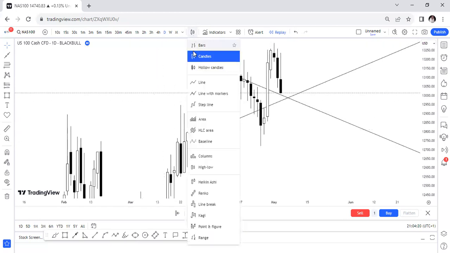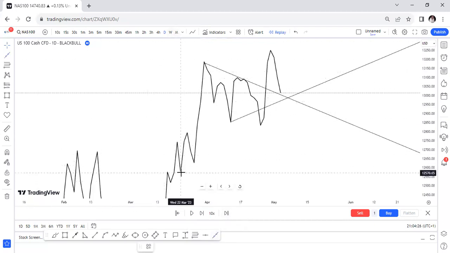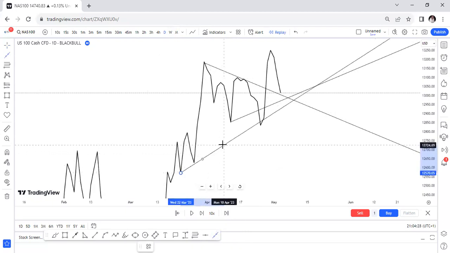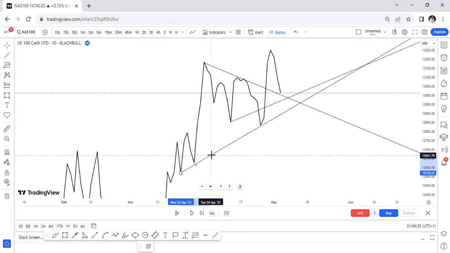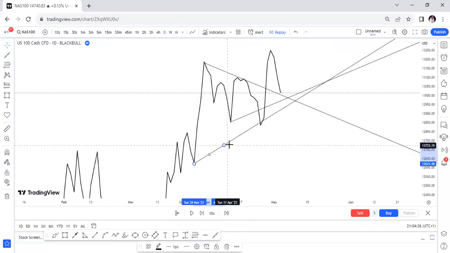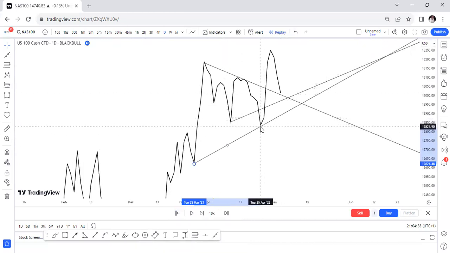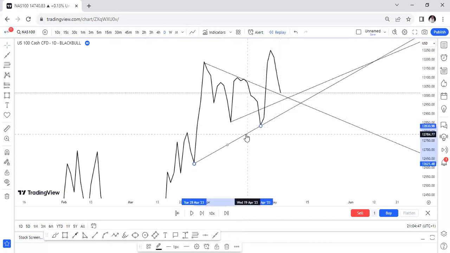Can we use this? No, it does not go with it.